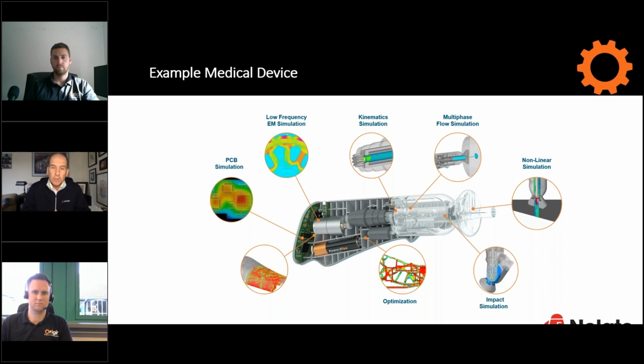But it's not only about performance, it's also about cost and sustainability. So you need to make it lightweight, maybe use some optimization techniques like that topology optimization that you see at the bottom of the screen, or consider different kinds of materials like the fiber reinforced polymer that you see on the left hand side.